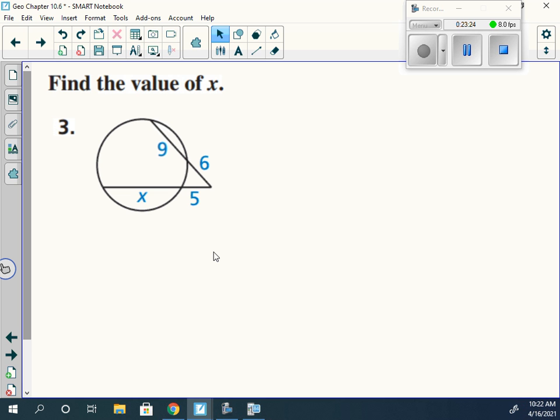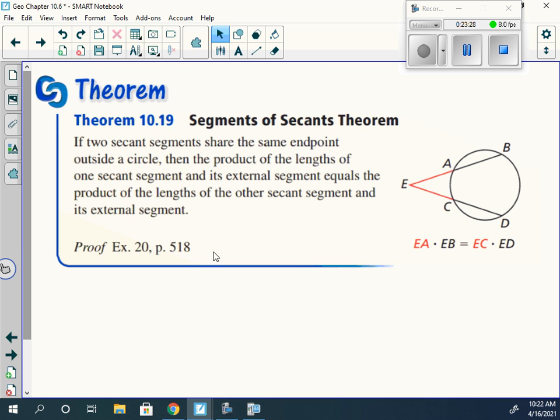So the theorem that we have for this here, let me back up, is based off of this here. If two secant segments share the same endpoint outside a circle, then the product of the length of one secant segment and its external is equal to the product of the length of the other secant line and its external.